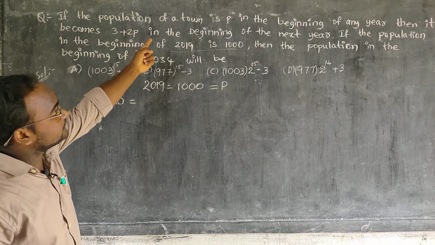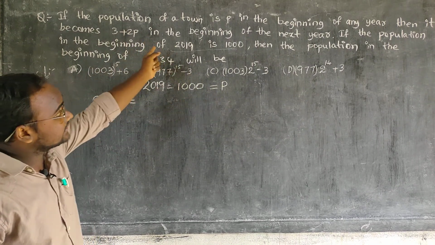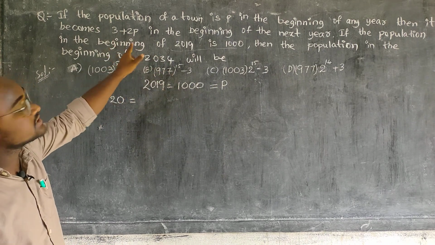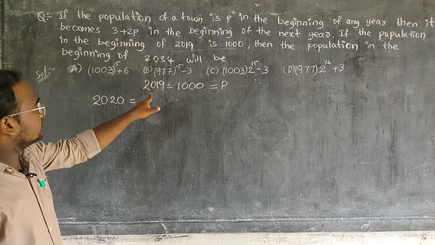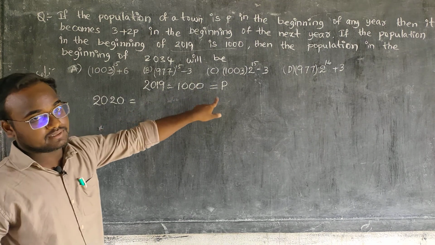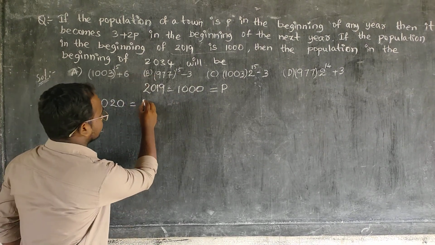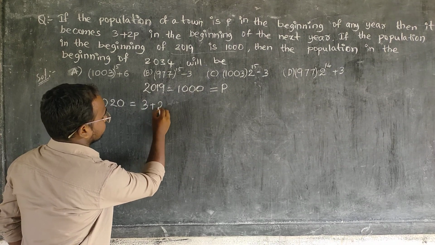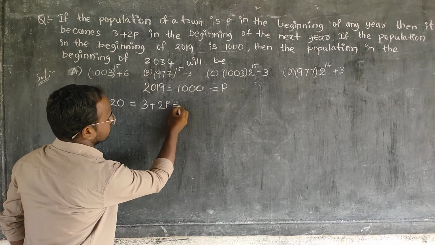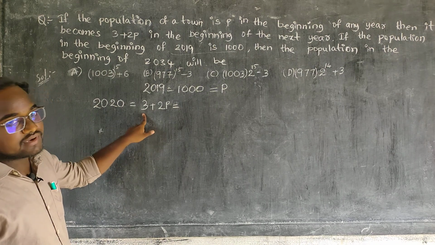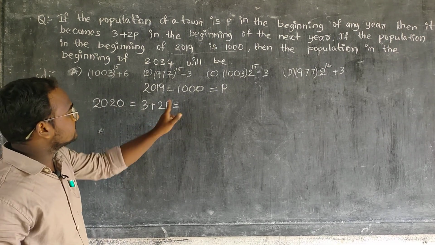If the population of the beginning year is P, then the next year population will be 3 plus 2P. In 2019 it is P. Then in 2020 what will it become? 3 plus 2P. For the sake of convenience, I am writing it as 2P plus 3.